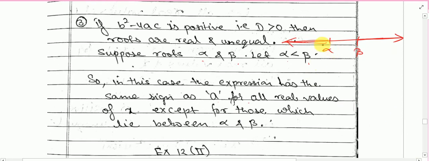Once again, let's say this is alpha, here beta. For all real numbers this side and for all real numbers this side, the expression will have the same sign as a. So this is clear.